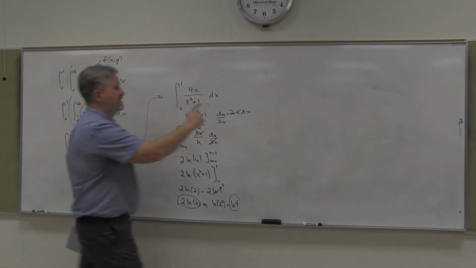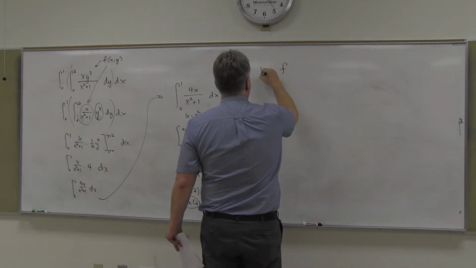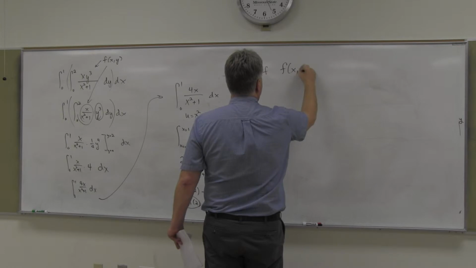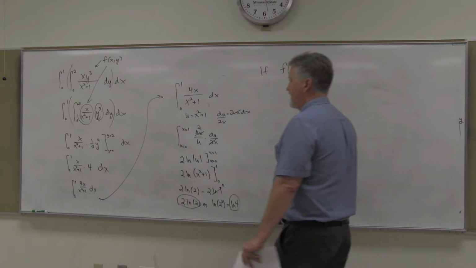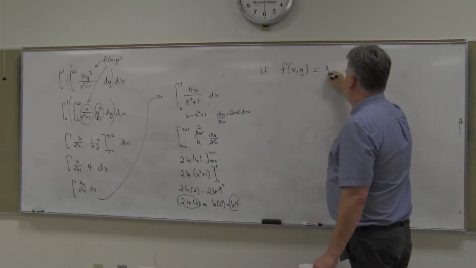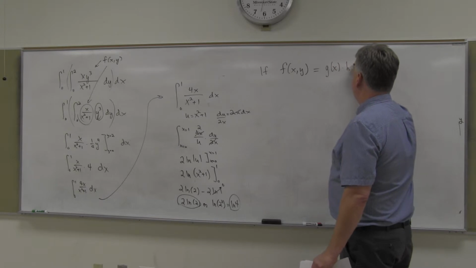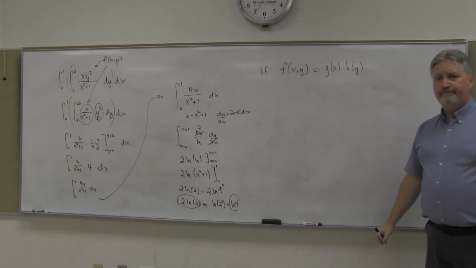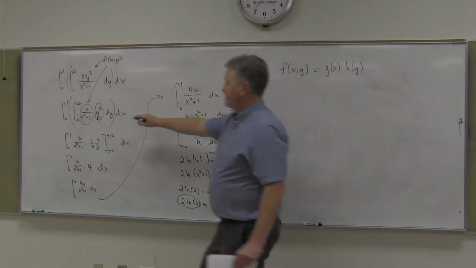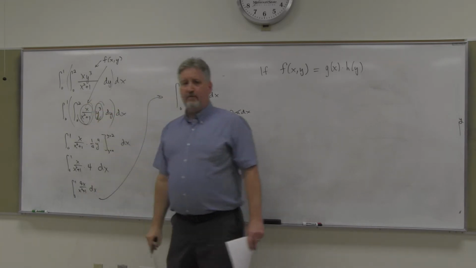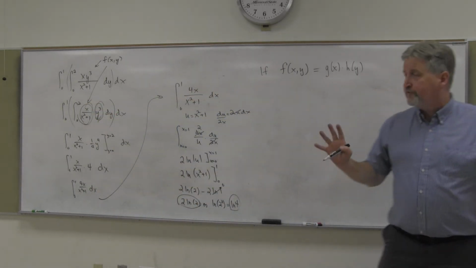So my f of x, y equals one part that's a function of x and the other part a function of y, you know what I'm saying? This is my function of x, this is my function of y. Here's what you can do if you can do that.